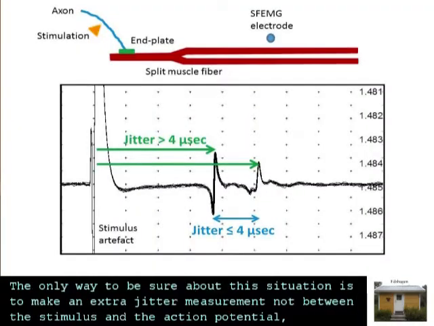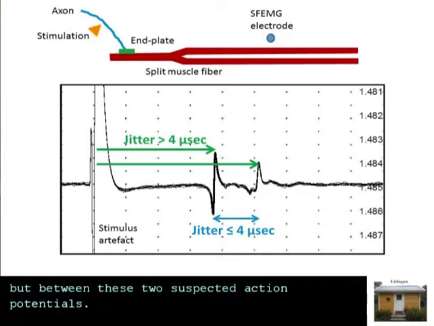The only way to be sure about this situation is to make an extra jitter measurement not between the stimulus and the action potential, but between these 2 suspected action potentials.